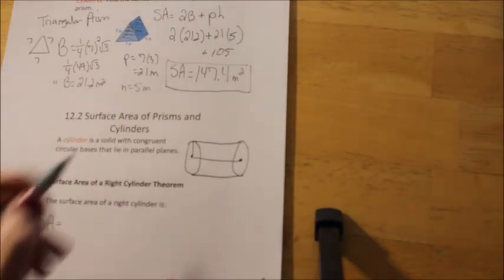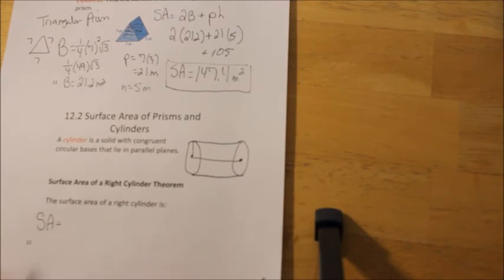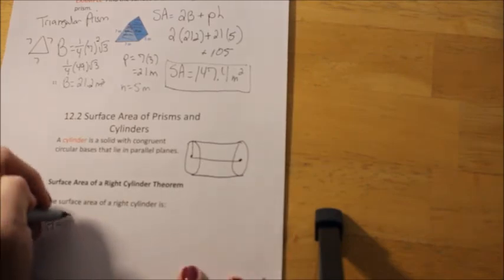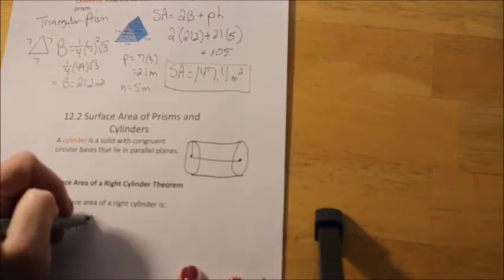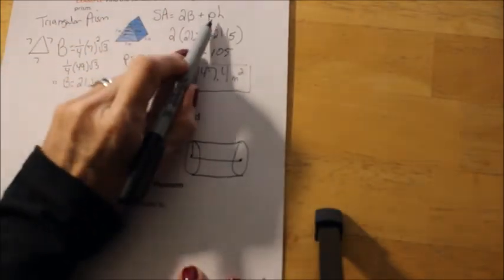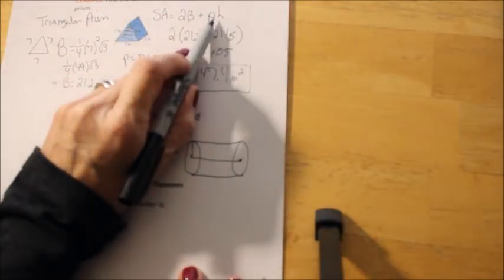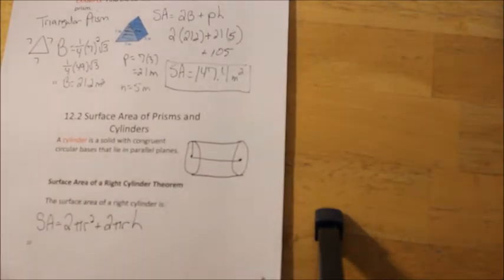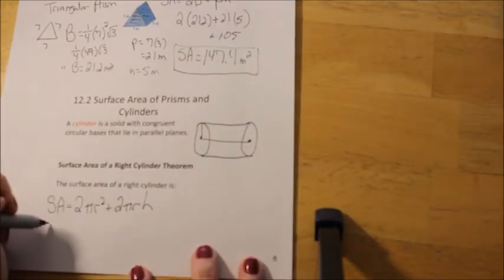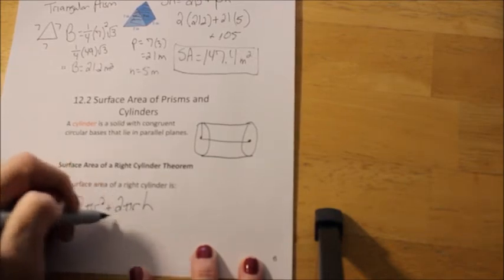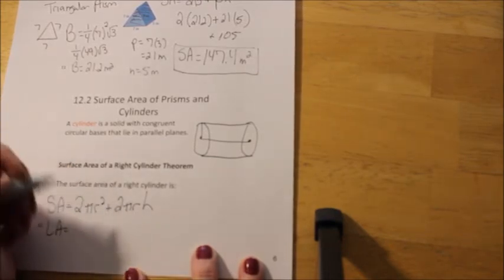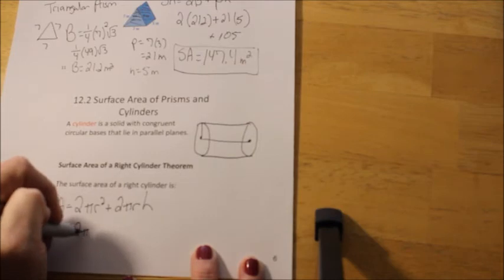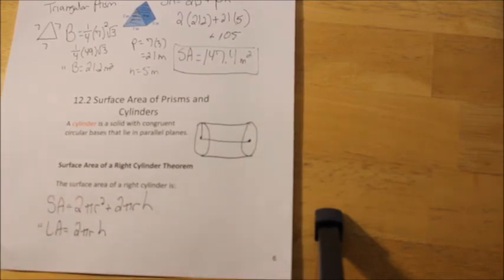The area of the base is pi r squared, so it's going to be 2 pi r squared. How do you find the circumference of a circle? That's 2 pi r, times the height, and there's your formula. And if I wanted to find the lateral area, it's just going to be this part here without the bases. That's going to be 2 pi r h, okay?